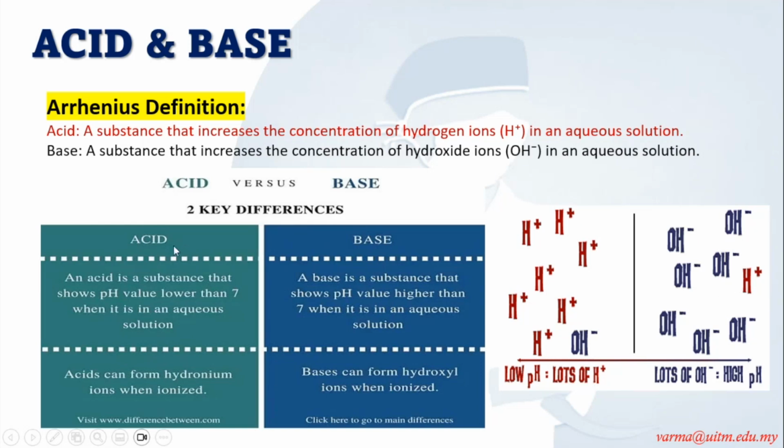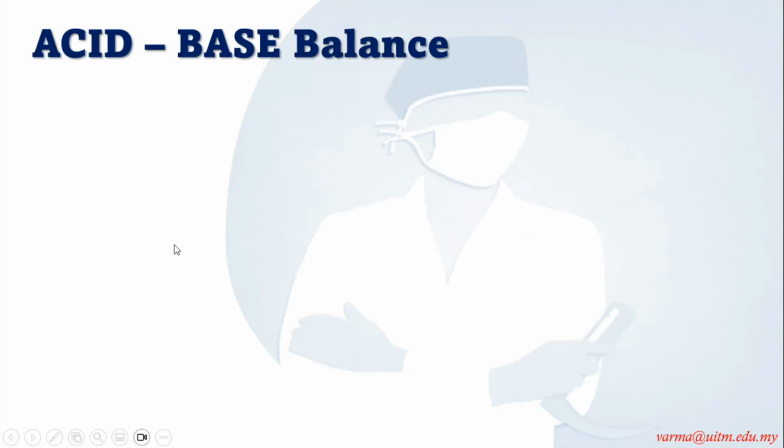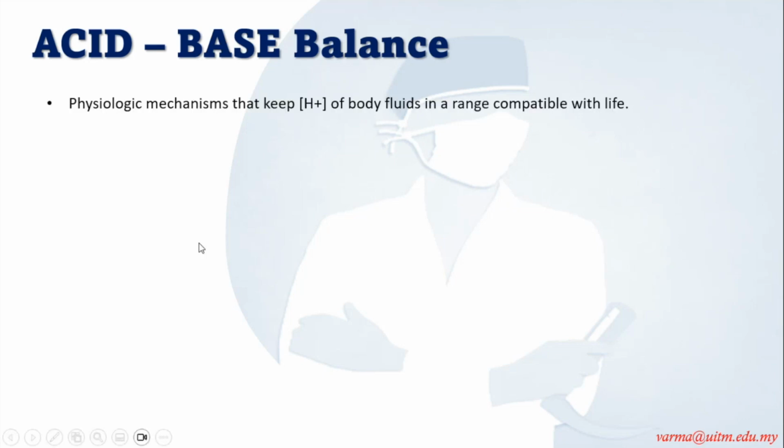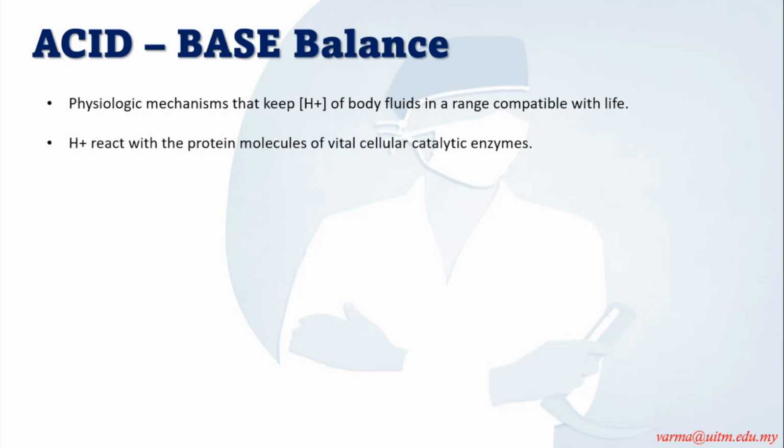Okay. So acid-base balance. What is meant by acid-base balance? Why is it so important for homeostasis in the body? It's a physiologic mechanism that keeps hydrogen ions of the body fluids in a range that is compatible with life. Hydrogen ions react with protein molecules of vital cellular catalytic enzymes.